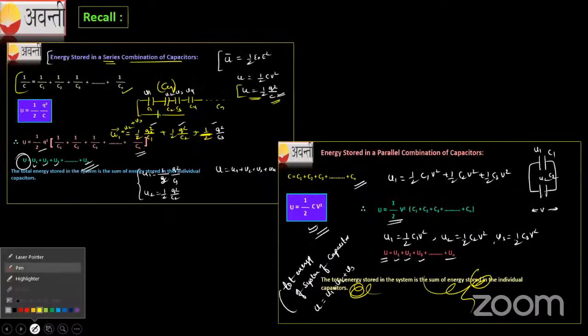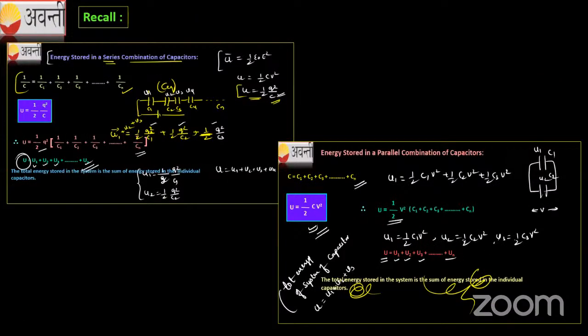Then again with a recall. Yesterday we talked about the energy for a combination of capacitors. If I connect the capacitors in series, what will be their energy value? We got an energy equation. हमको पता था energy value था half q square by c.